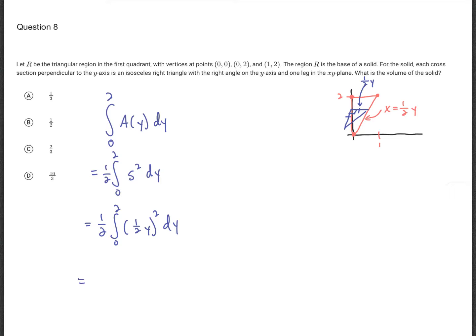Okay, so let's simplify this. When you square the 1/2, that'll be 1/4, and then we'll times it by that half. That'll be 1/8 on the outside, and then we'll just have y squared dy at the top. The integral of y squared is y cubed over 3.